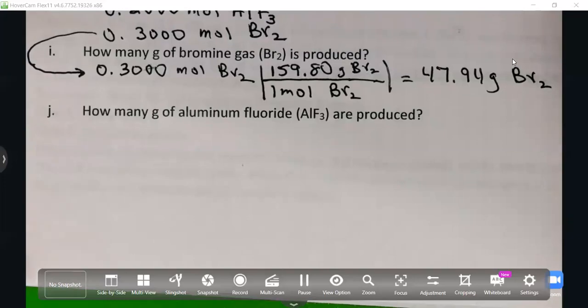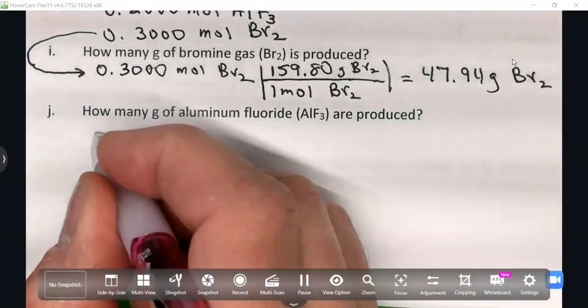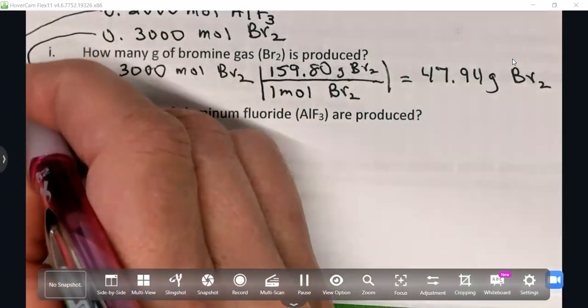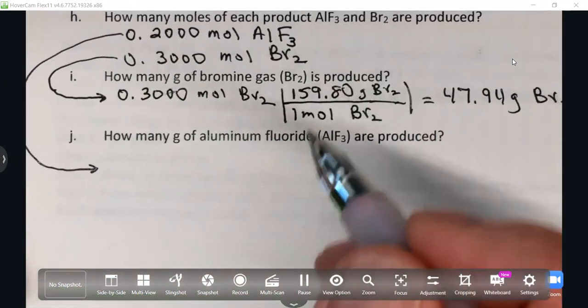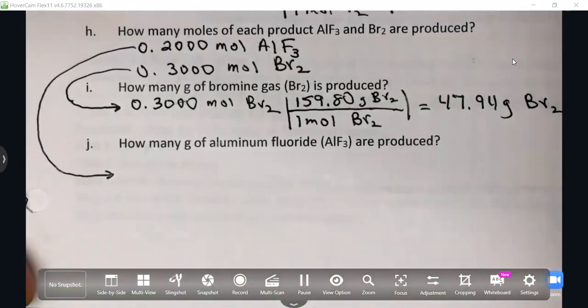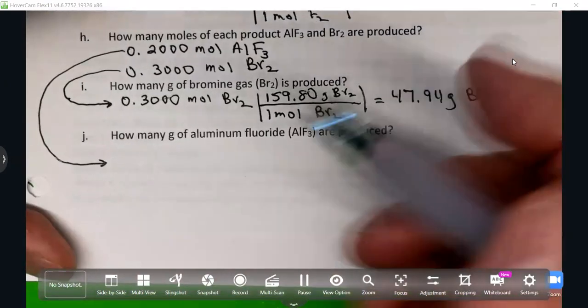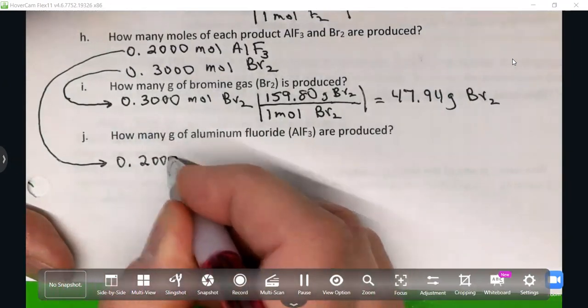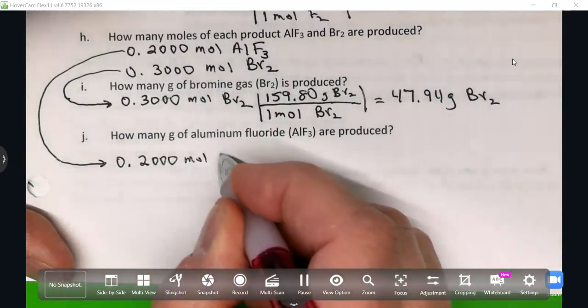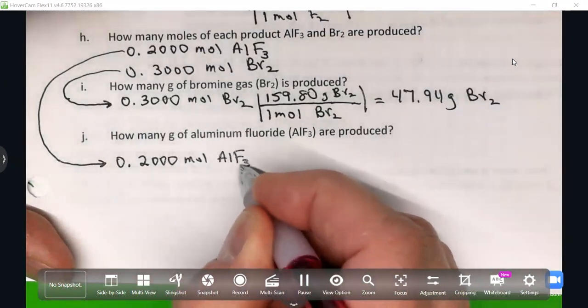And then how many grams of aluminum fluoride are produced? 0.2 mole of aluminum fluoride.